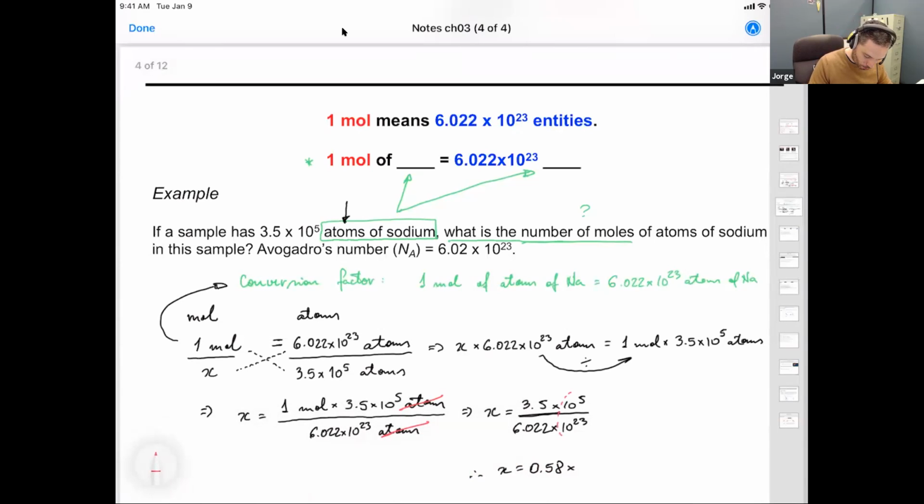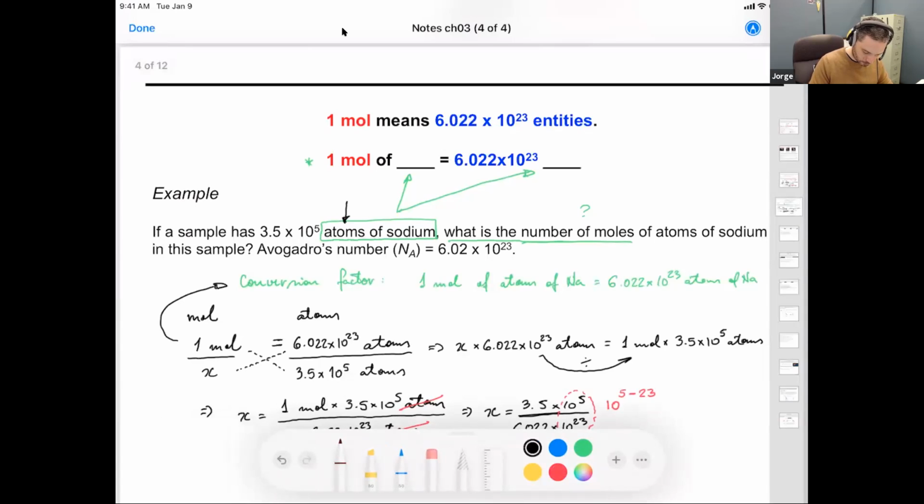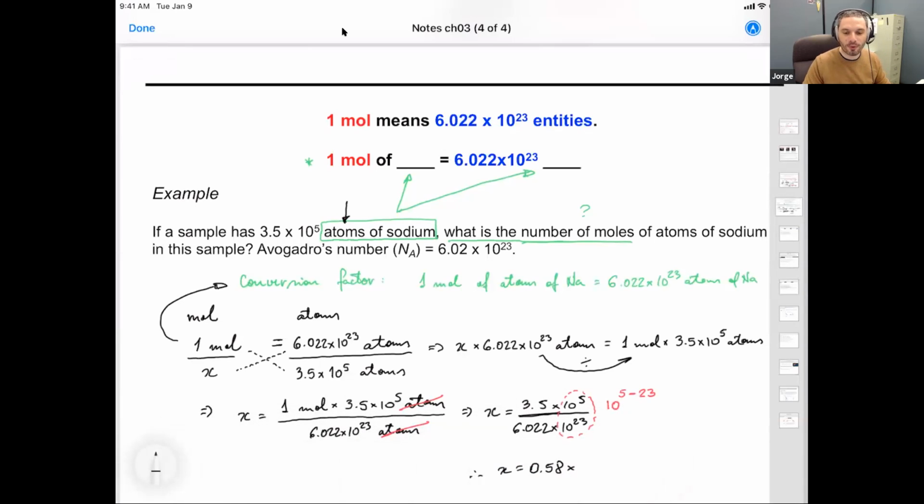So now we have a division of powers. So we are going to keep the base, keep the sign of the power on top, and subtract the power at the bottom. Very careful when you have the division. That's going to give us 10 to the minus 18.